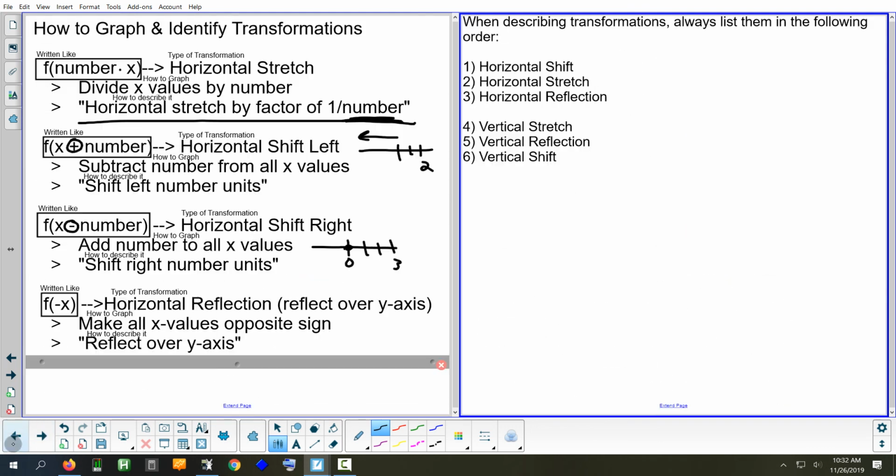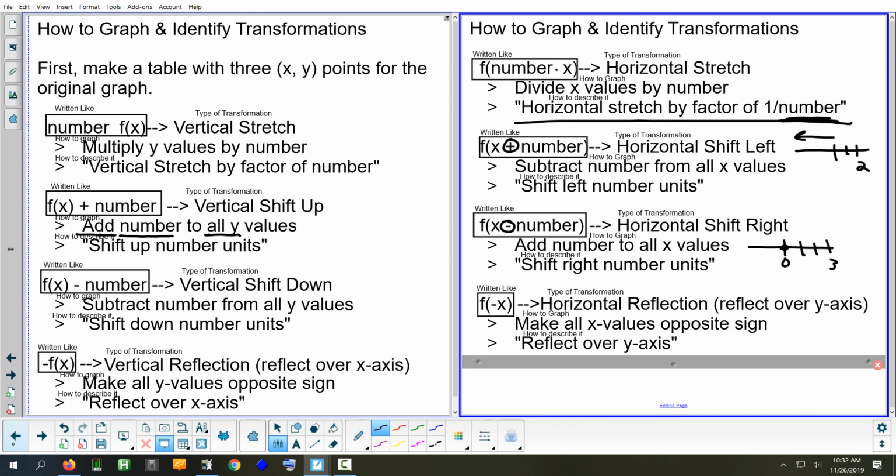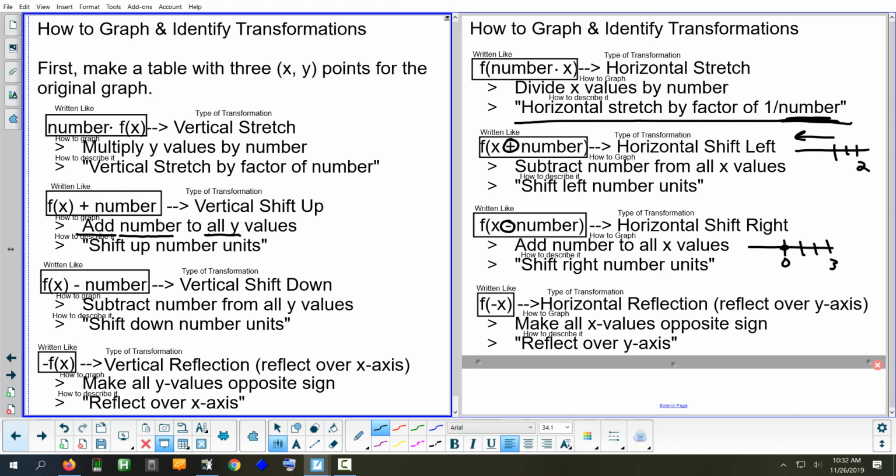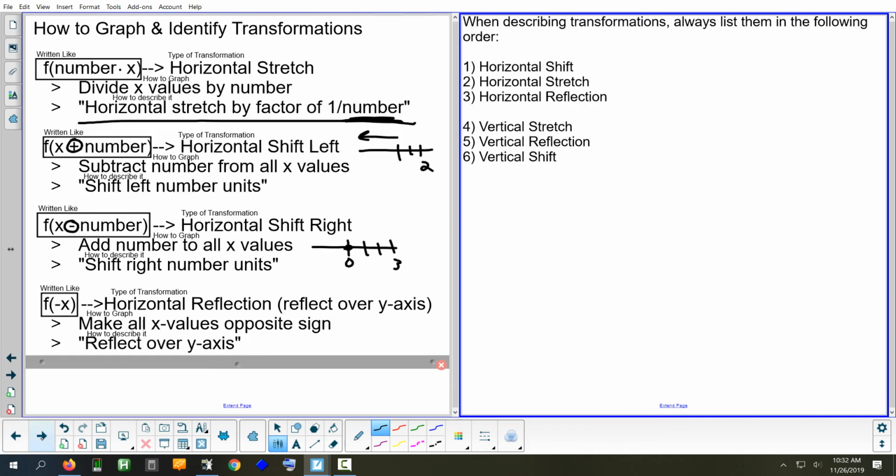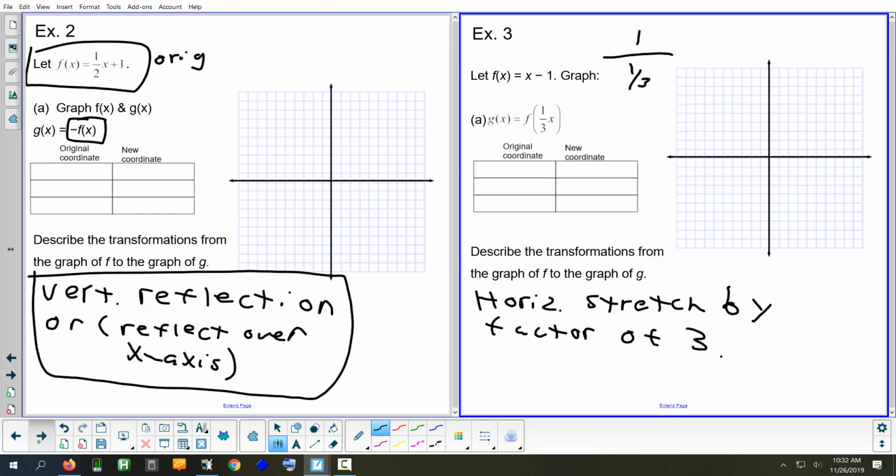So go back to your chart. If you put a number in front, which one of those 8 boxes is it? Vertical stretch. Perfect. And how do you describe it? What do you write? Vertical stretch by factor of number.